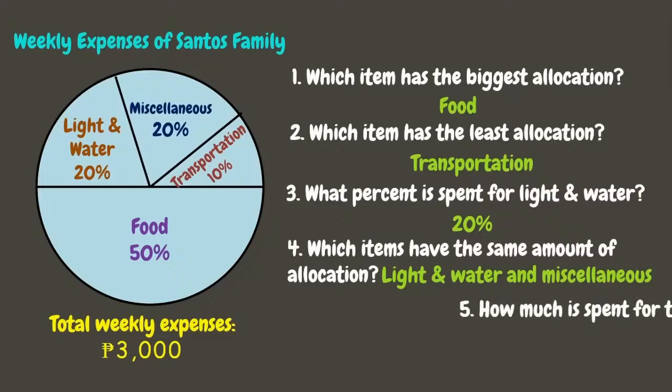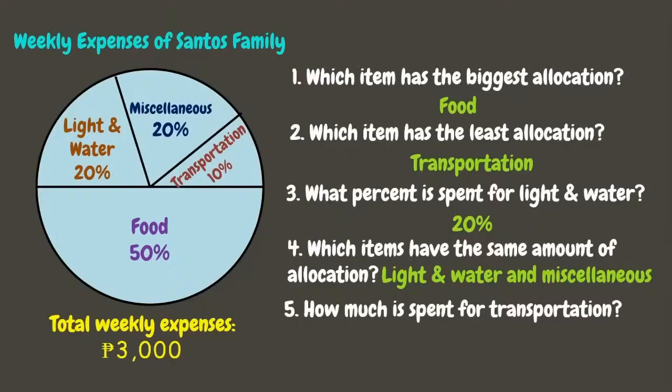And for our last question, how much is spent for transportation? If the amount or the quantity is not given, you can simply compute for this one by multiplying the percent of that item to the total amount or quantity given. Here, the percent for transportation is 10%, and the total amount of weekly expenses is 3,000 pesos.